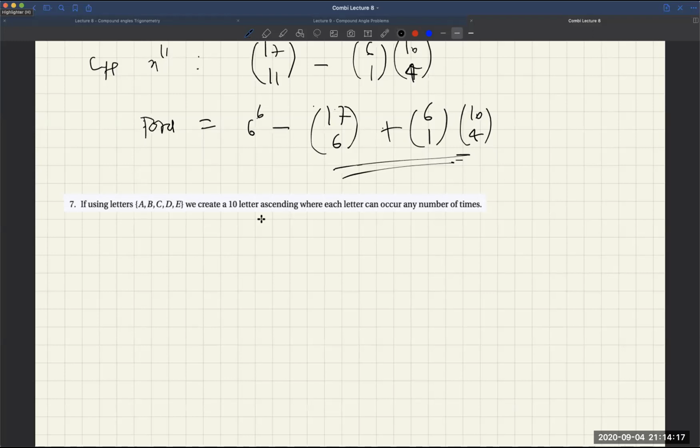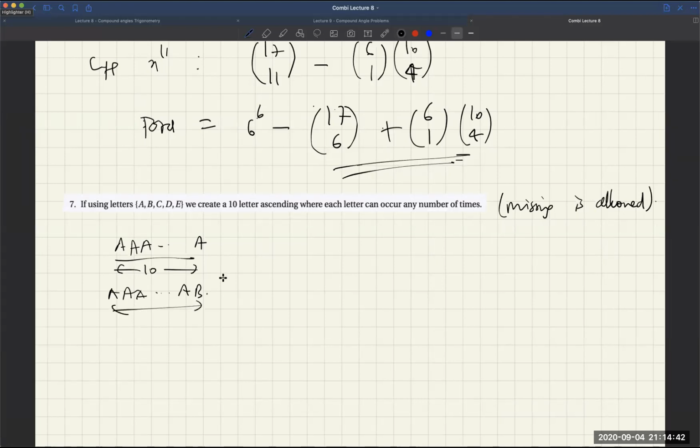With missing allowed, how will you do it? Tell me. So then 9 choose 4 plus 9 choose 3 plus 9 choose 2 plus 9 choose 1. Okay, give me an example. Can this word be this? Yes, it can be. This is also possible. Yes.